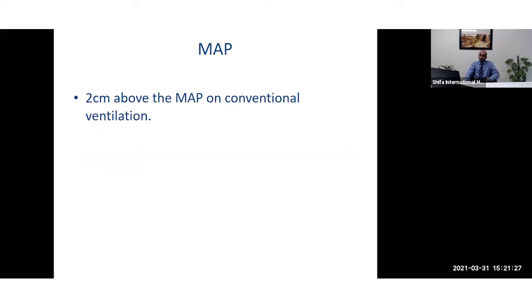But on high frequency ventilation, we can directly change the MAP by the knob on the ventilator. So if on conventional ventilation the MAP was, say, 12, we'll start the baby on 14 centimeters of water on high frequency ventilation, and then adjust subsequently based on the oxygen saturations and the blood gases. That's a rule of thumb: start 2 centimeters above the MAP on conventional ventilation.